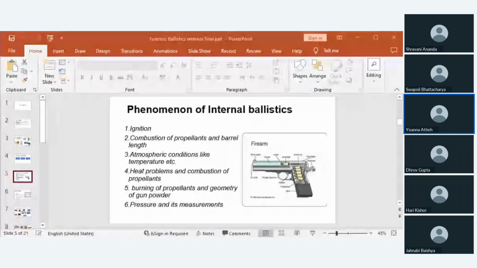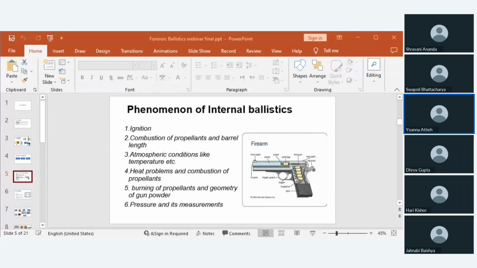The efficiency of this gas expansion is determined by the properties of the propellant and the volume, of course, available for the gases to expand. In a typical firearm, the chamber is designed to contain the gases as the propellant burns.